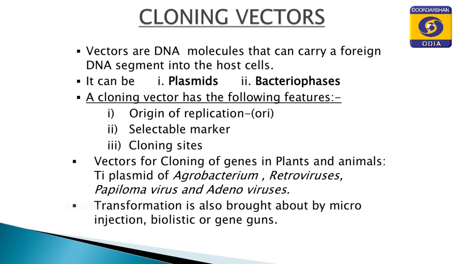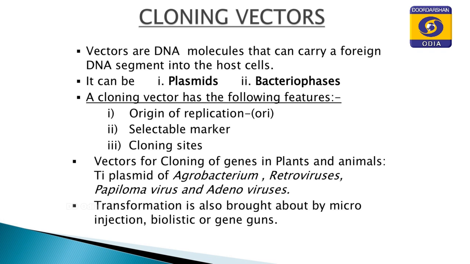Similarly, we have DNA molecules that are to be transferred from a vector to a host cell. So, we shall take a foreign DNA, incorporate it into a vector, then once it is incorporated, that will be transferred to the host cell from where we have taken out the vector, then allow it to grow.